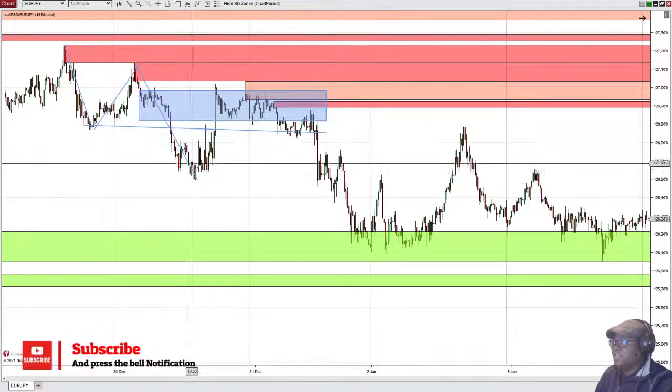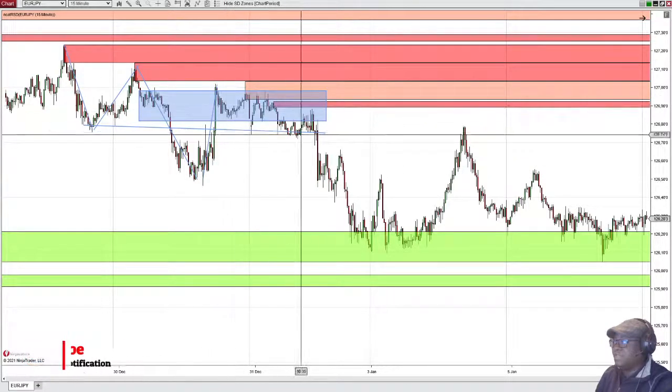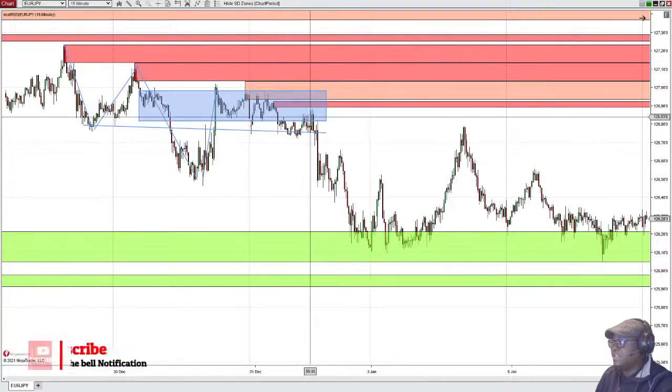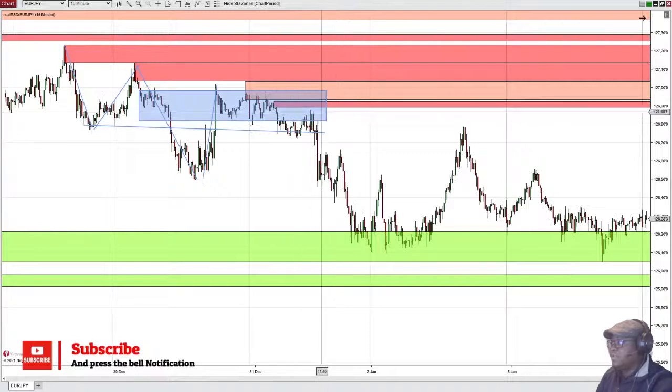Let's assume you miss this and it comes back up here. Take this straight, miss it. Continuation, it comes back and retests it, and again like that you can take the trade.